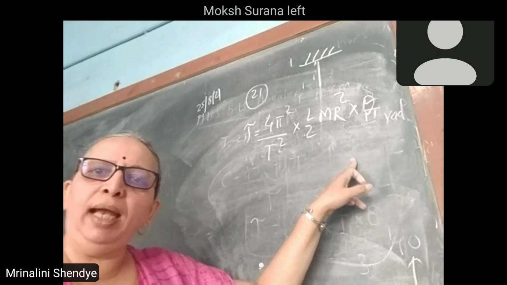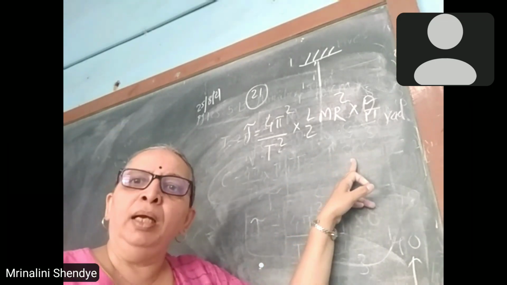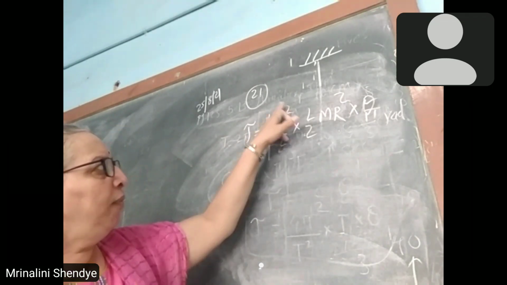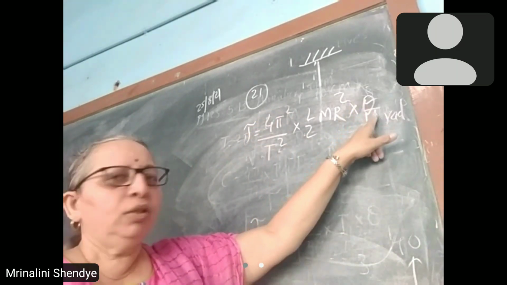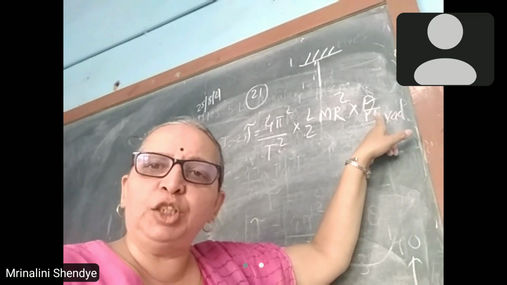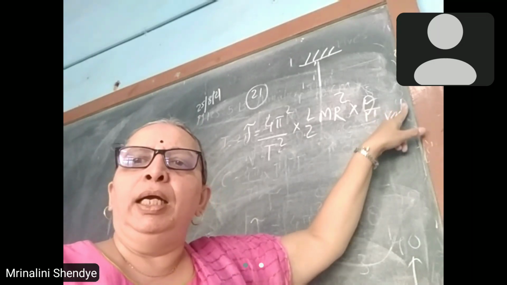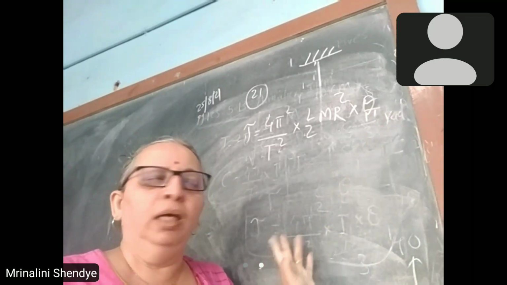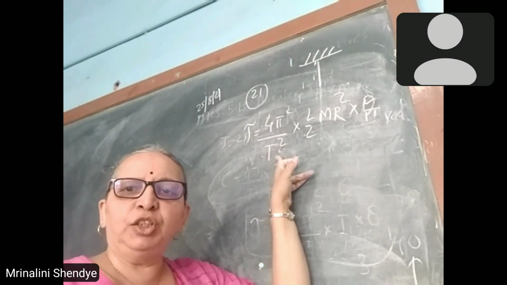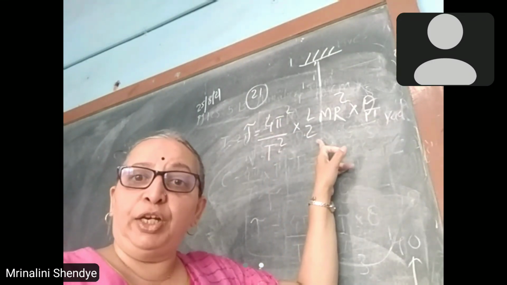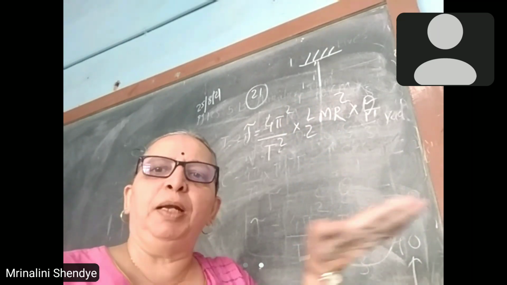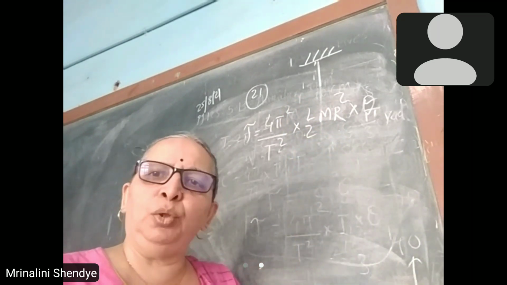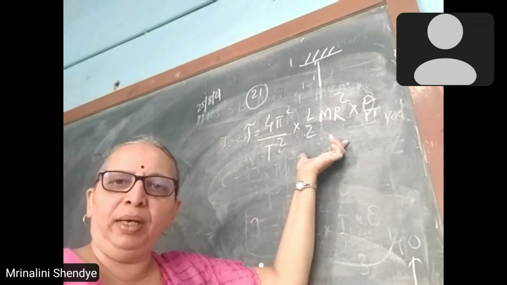So using expression for periodic time, rearrange it to get the value of C and tau is equal to C theta. Only before substitution, theta should be expressed in radians. Remember all these things well. So 4 pi square upon t square, I of circular disc about transverse axis. Transverse means perpendicular to plane and passing through center is half m r square.